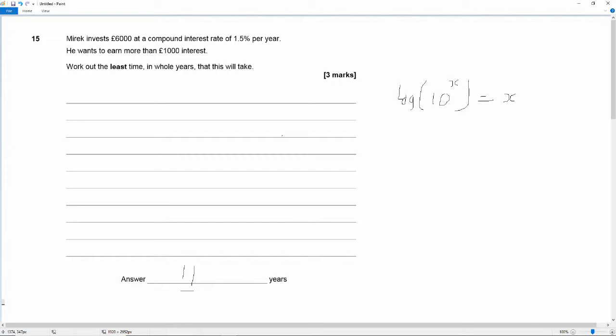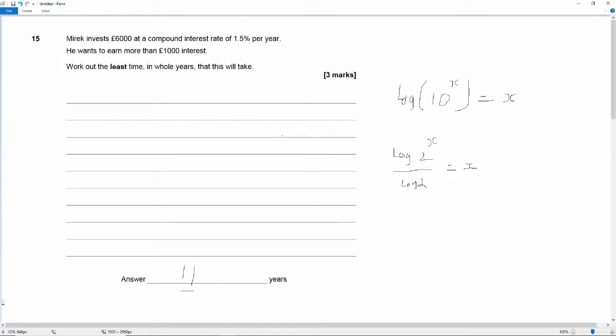Now here's something really clever. If you have 2 to the power x, you can't just take the log of 2 to the power x to get x. You get something completely different. But if you take log of 2 to the power x and you divide that by log of 2, it will give you your x.